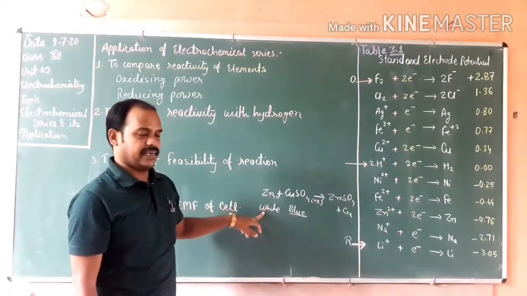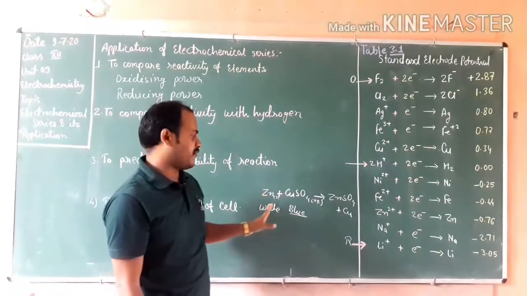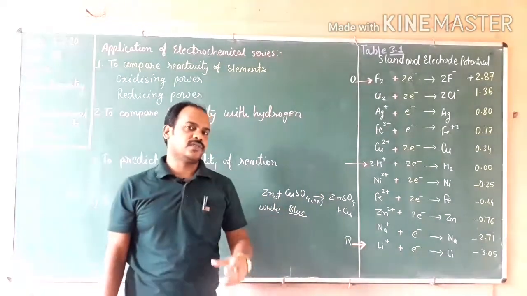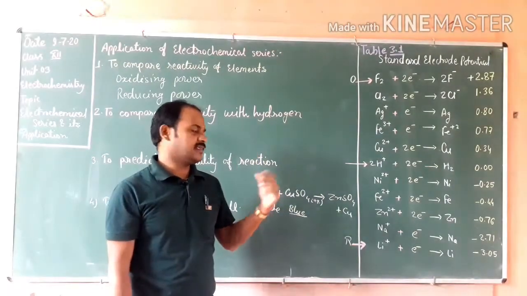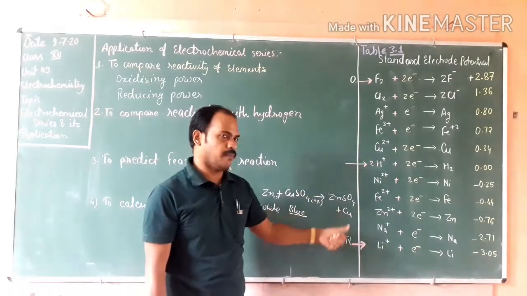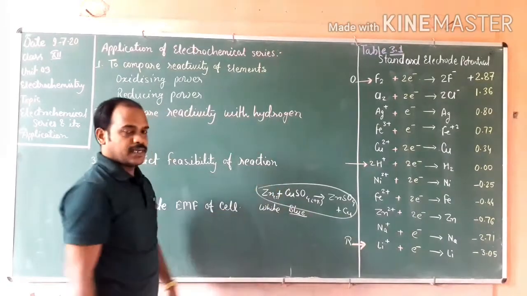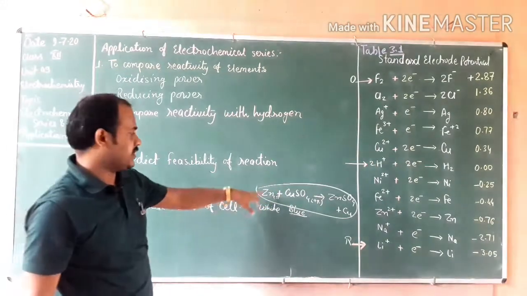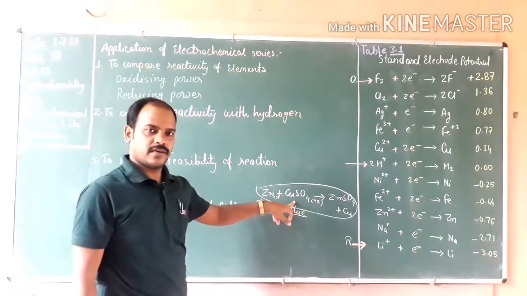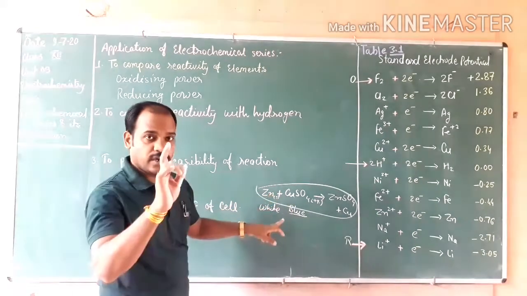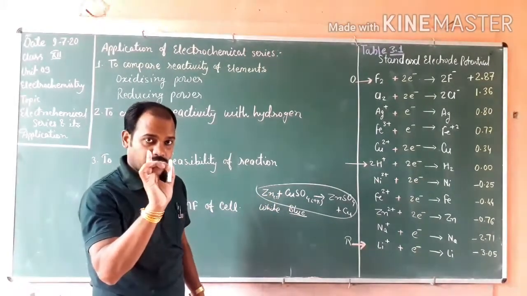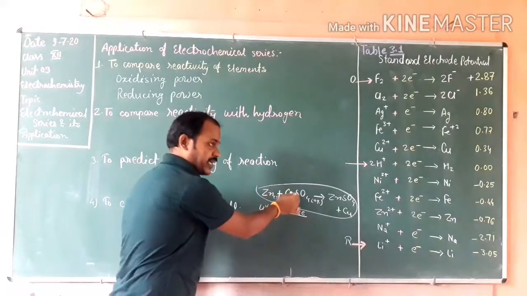The color of zinc granules was silvery white, but after the reaction the surface of the zinc granules turns reddish brown because of the deposition of copper. So what is the meaning of this reaction? This reaction indicates that zinc is more reactive than copper. Remember this line: zinc is more reactive than copper.